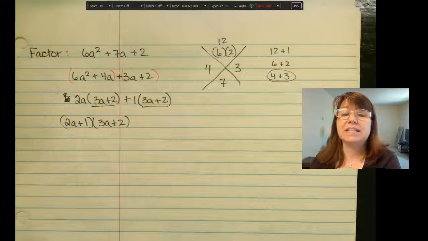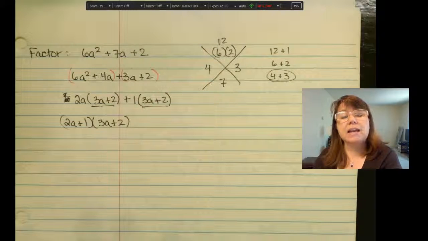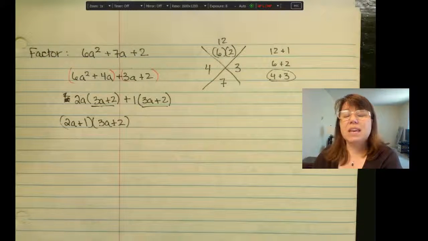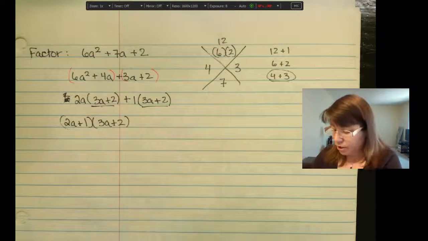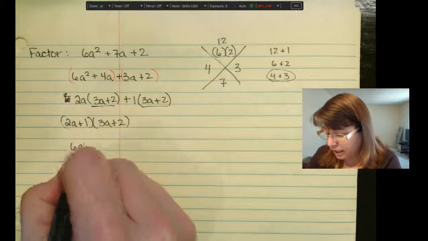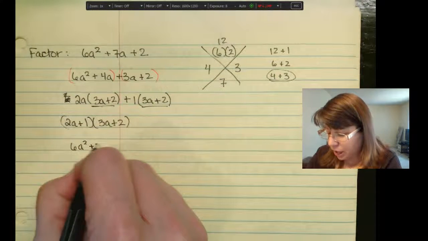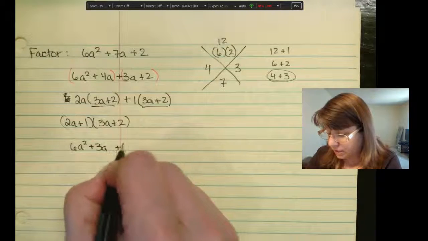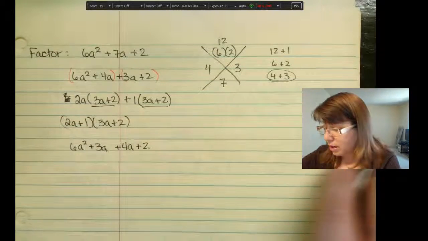That's if you feel like you get stuck. If you get stuck, you can think about, can I pull out a 1? If I can pull out a 1, great. If you don't remember that, all you need to do is rewrite it as plus 3a plus 4a plus 2.